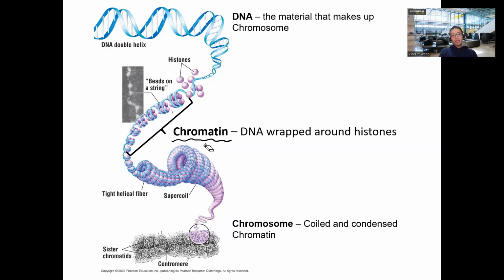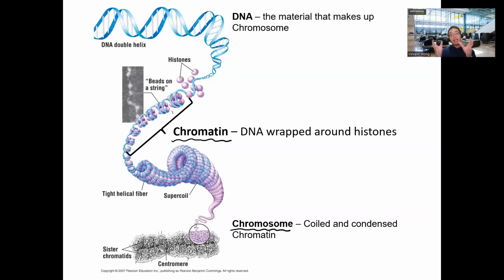When you take chromatin and condense it even further, you end up with a chromosome. So a chromosome is essentially the most condensed version of DNA, and DNA on its own is a free form that's not compact at all.